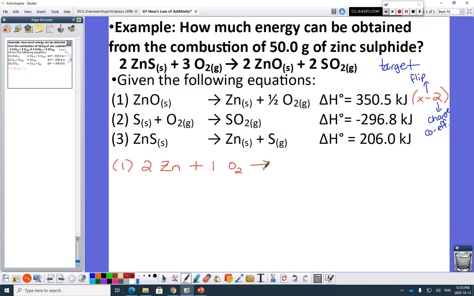I'm going to write the 1 just to emphasize that. And now we're going to put this on the product side with a 2. And I'm going to make the appropriate change. So this was positive, now it's negative, and I multiplied by 2. Okay?